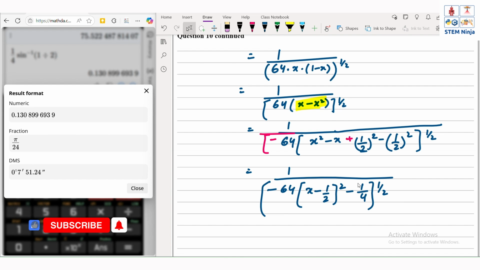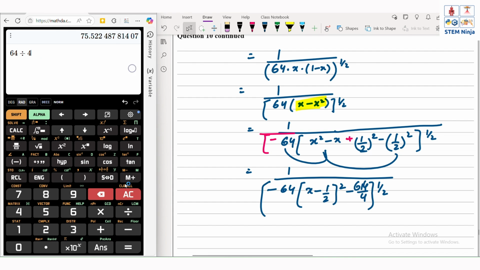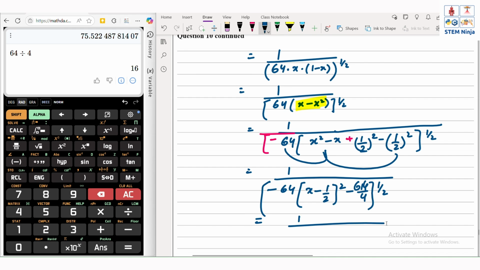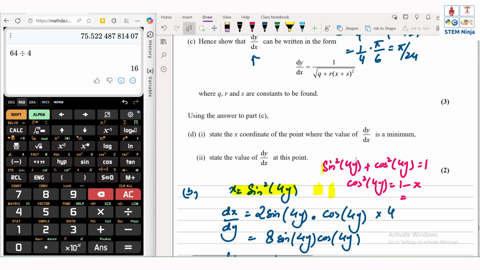Sorry, this is not 1 over 4. This is 64 times 1 over 4. So basically, this is multiplied by all of these terms. So 64 divided by 4 is 16, right? So minus 64, x minus half whole squared. This would be plus now because you have a minus and minus sign over here, plus 16. And I think that's the form that they wanted. Yes, okay, that's the form that they want.